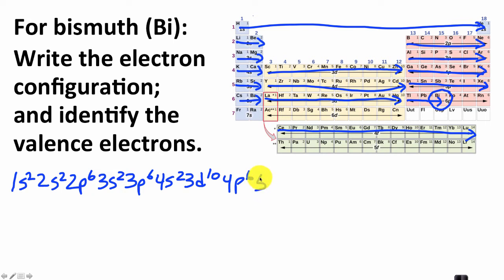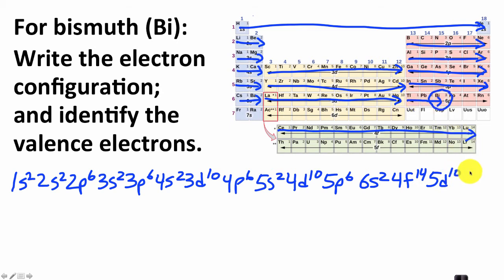Then we have 5s2, 4d10, 5p6, and that gets us up to xenon. And then 6s2, 4f14, 5d10, and then 6p3. That would be the complete electron configuration for bismuth.